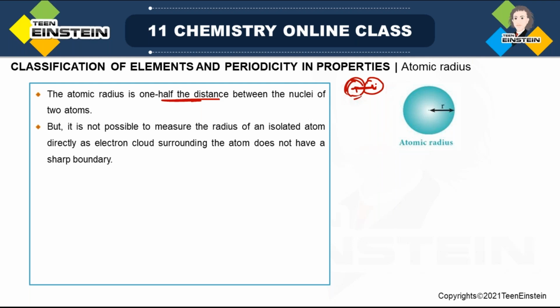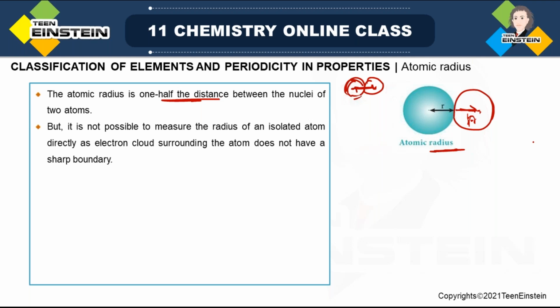And if you imagine only one atom is present, as you are seeing in this picture, then you just have to take this distance. But when there is another, same atom, then obviously another r is there. So now if you join these two centers, the distance is 2r, so you have to take half of it. But if you consider an individual atom, then it is simply r.